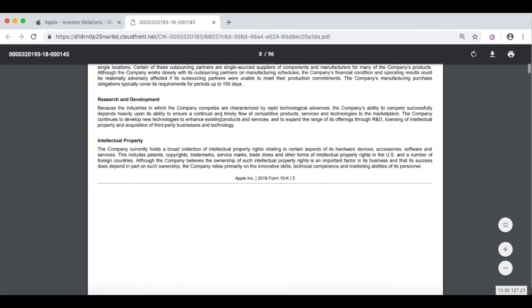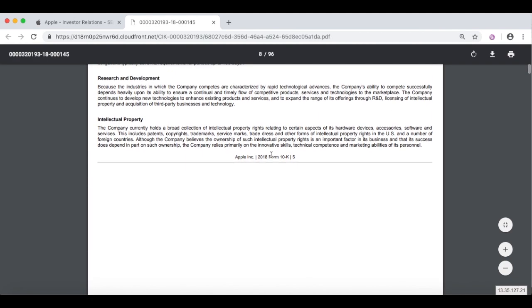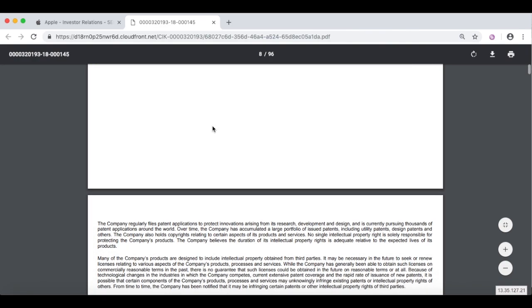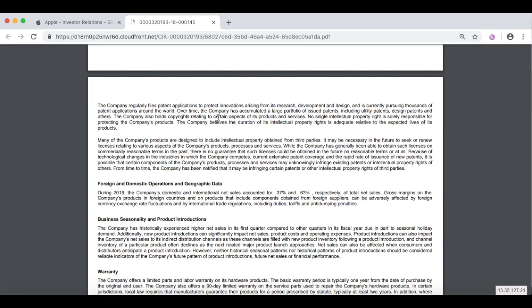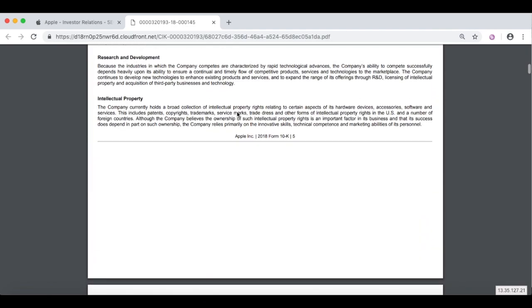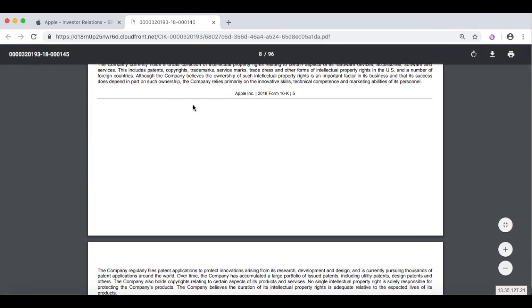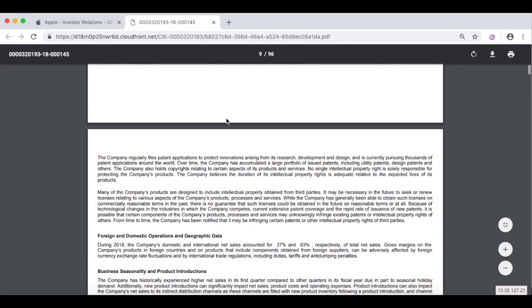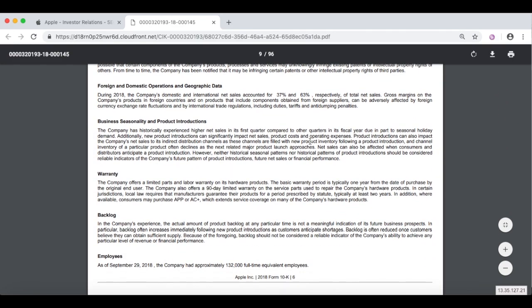Another thing you could think about as you're running through these 10Ks, these thoughts really should start rolling through your head. I love going through these documents because it gets these thoughts going, like, hey, intellectual property is really important, but when you've got a huge brand, that might be even more important.